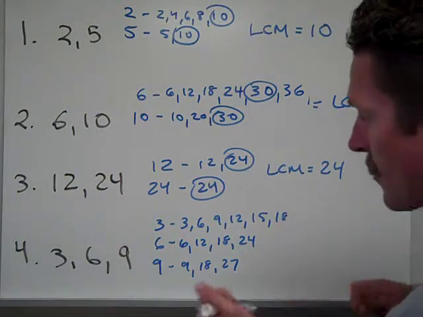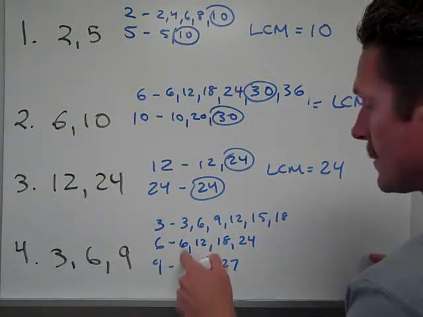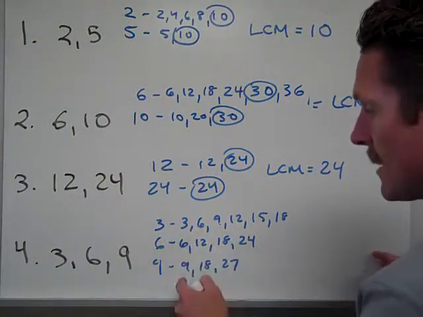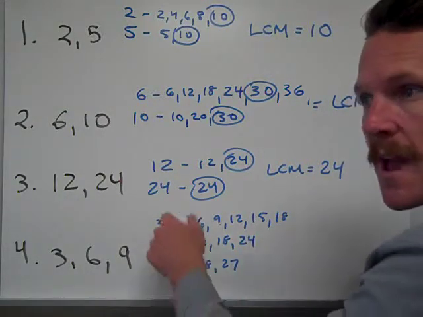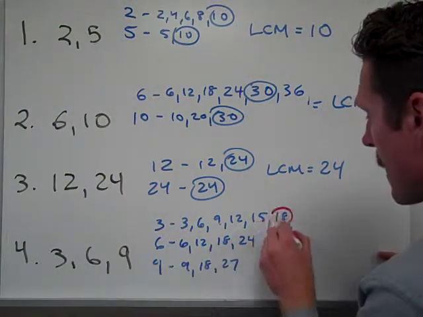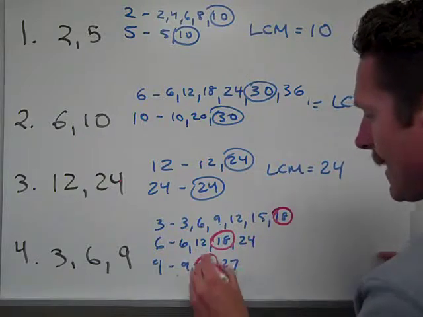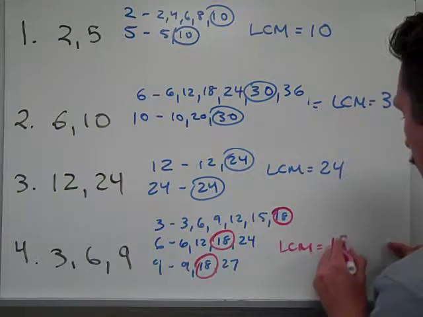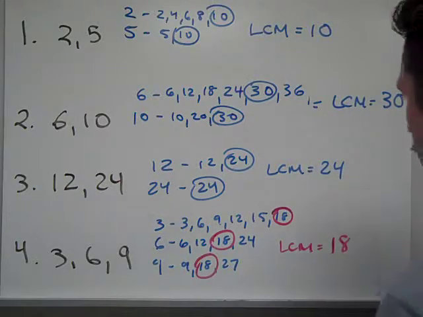Now look, some of you would have been like, oh, well, 9 because 3 and 9, or 6 because 6 and 3. But all 3 of them have to have the common multiple. So all 3 of them have 18. Therefore, the least common multiple equals 18.